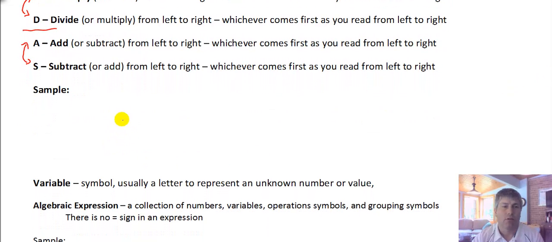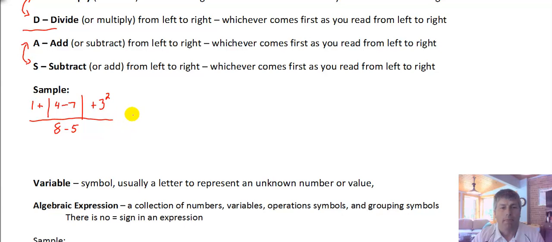So, for example, I might ask you to simplify 1 plus the absolute value of 4 minus 7, plus 3 squared, all over 8 minus 5.